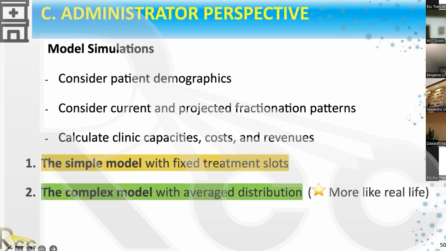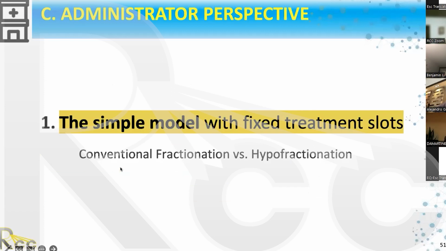We can make a simple model with fixed treatment slots, or a complex model with average distribution. And that's closer to real life. So let's begin with a simple model. And I'm going to show you the difference comparing one scenario with conventional.